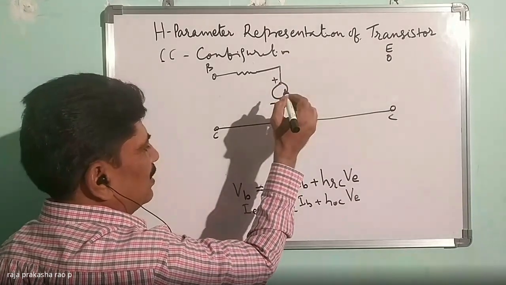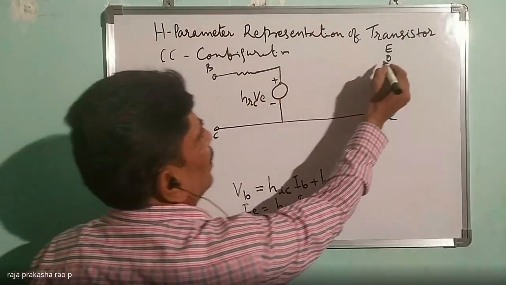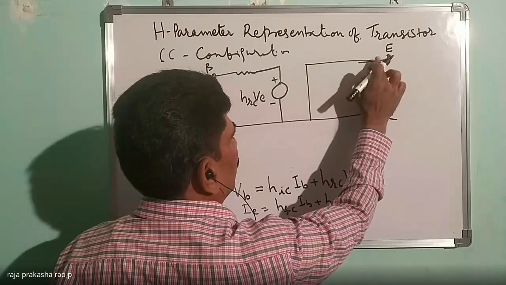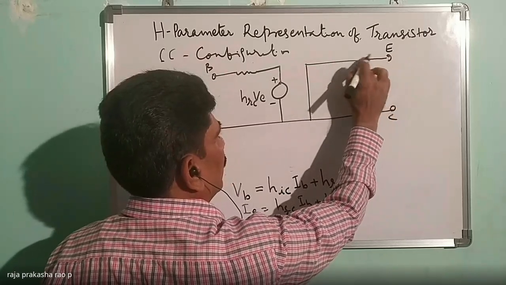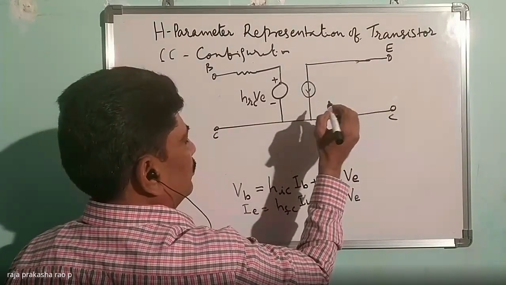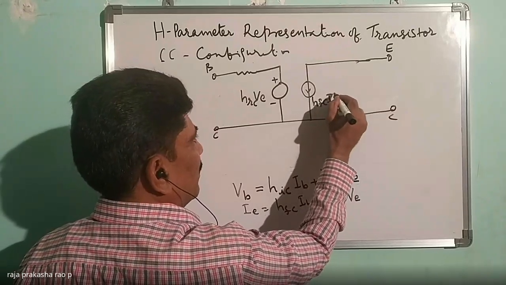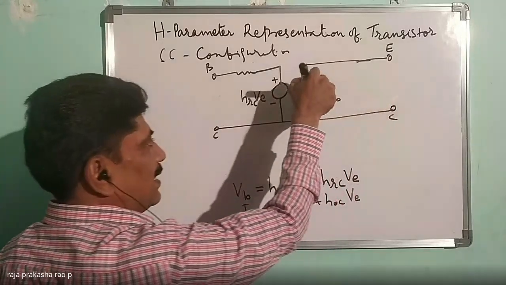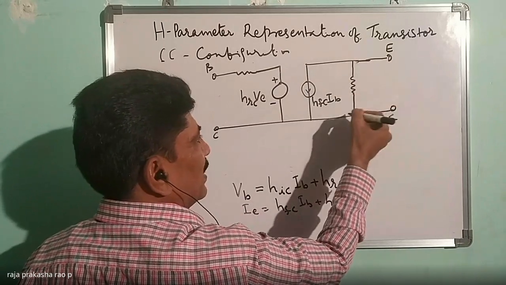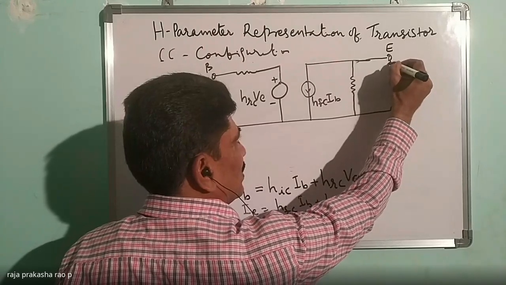Plus, minus, that is HRC VE, and HFC IB is the current direction, this downward, and a resistor, called a shunt. It is shunt. It is parallel to this applied voltage source. This is VE.